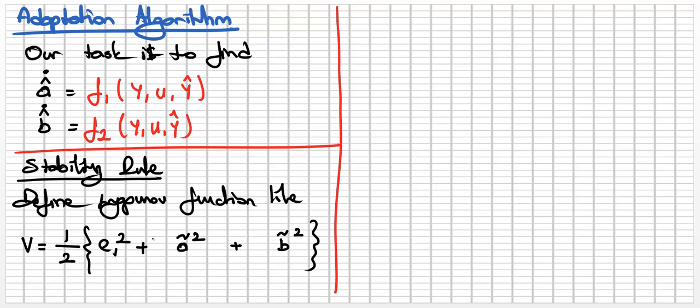But we should give the other parameters in here, like this one: 1 divided by gamma. This is the learning rate of our algorithms.